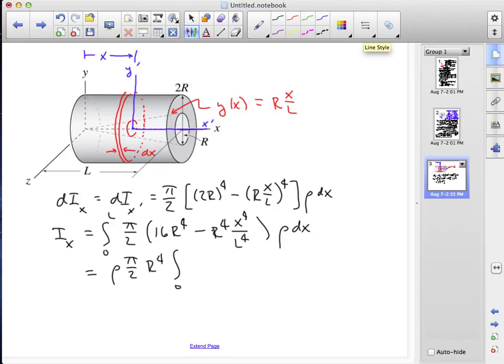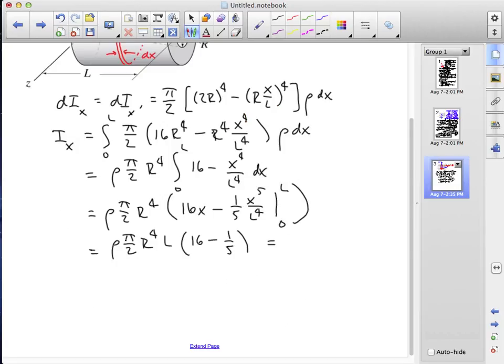We have the integral from 0 to L of 16 minus x to the fourth over L to the fourth dx, which integrates to 16x minus 1/5 x to the fifth over L to the fourth, evaluated between these limits. And we find that 16 minus a fifth is 79 over 5, so this again becomes 79 over 10 rho pi r to the fourth L. That's exactly the same expression we got using our composite approach.